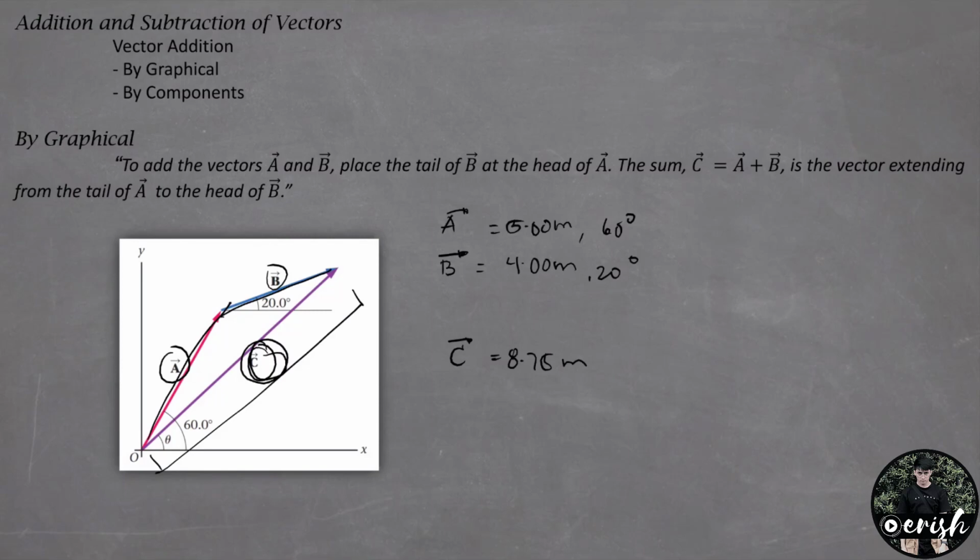Similarly naman, kapag hinahanap na natin yung angle ng vector C, yung vector sum, gagamit na tayo ng protractor. So, we measure the angle theta to be, for example, 45 degrees using a protractor. And this is how we use graphical method to solve for the sum of vectors.